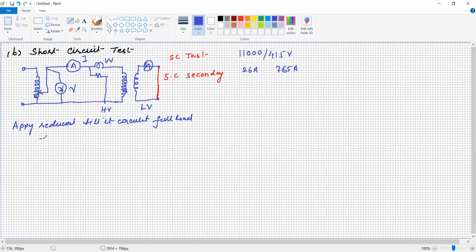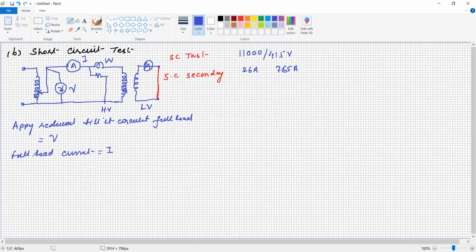So we will give the name supply voltage, we have applied V. Now we will conduct the test till it circulates the full load current. So the current is the full load short circuit current.